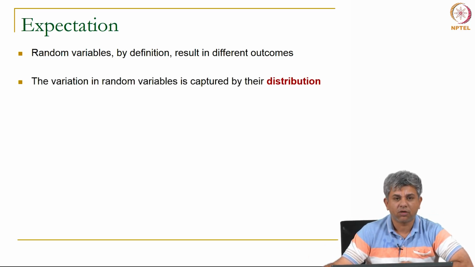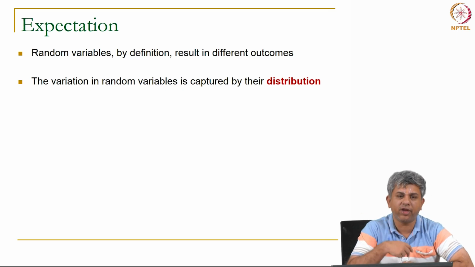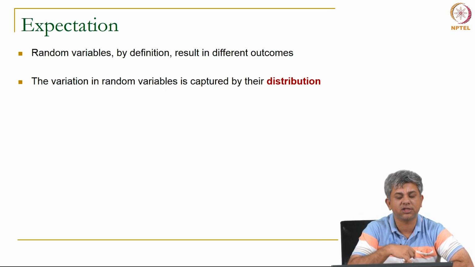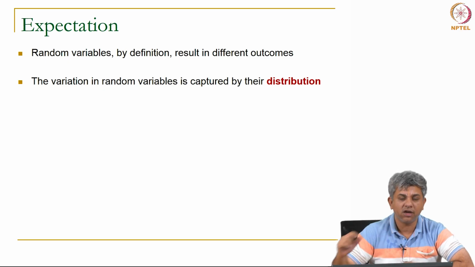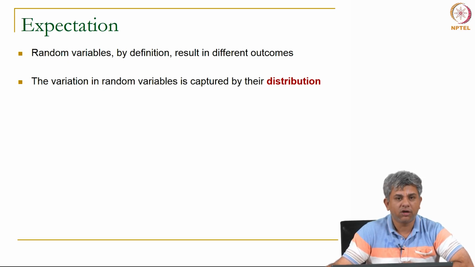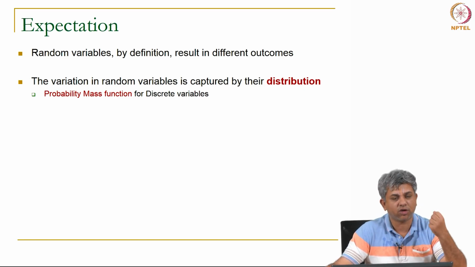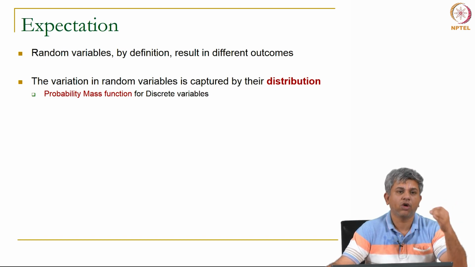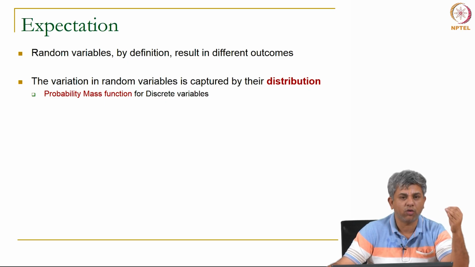Which way the random variable actually varies, or how it gives different outcomes, is captured by what is known as the distribution. If you have a discrete distribution such as a dice or a coin or a deck of cards, then we have something called the probability mass function that tells you how likely each one of these outcomes is.